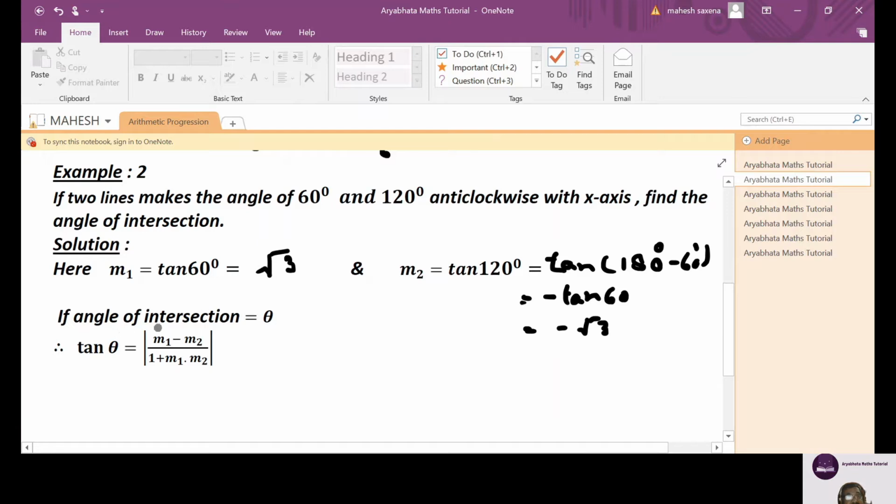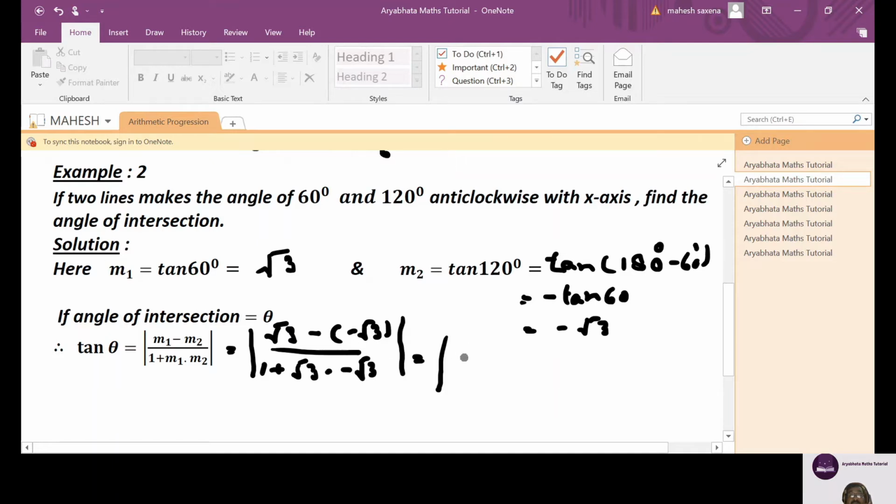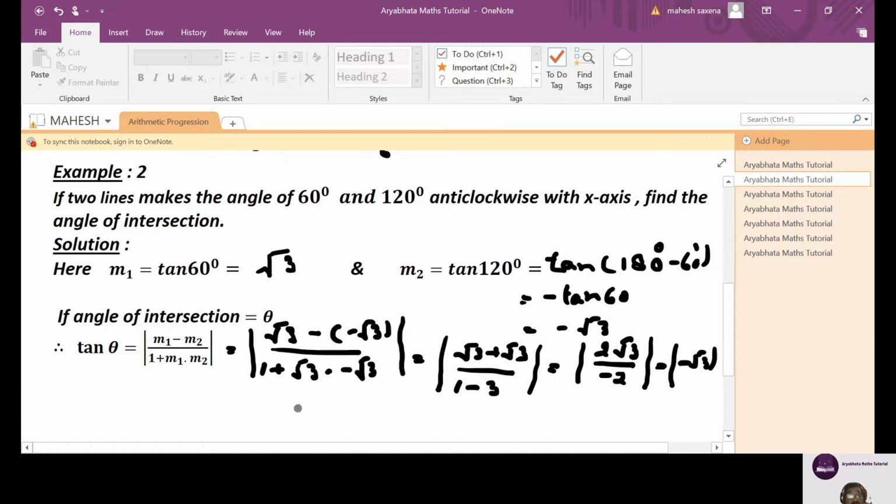Therefore, if the angle of intersection is theta, then tan theta is equal to m1 minus m2 upon 1 plus m1 m2, that is root 3 minus minus root 3 upon 1 plus root 3 into minus root 3, that is equal to root 3 plus root 3 upon 1 minus 3, that is 2 root 3 upon minus 2, that is minus root 3, and taking the modulus this is equal to root 3.